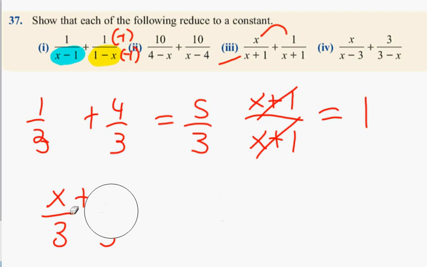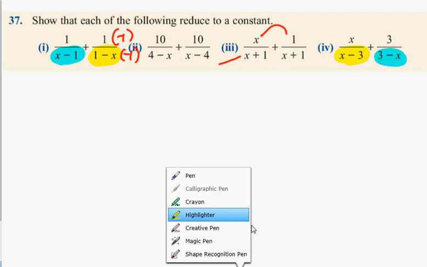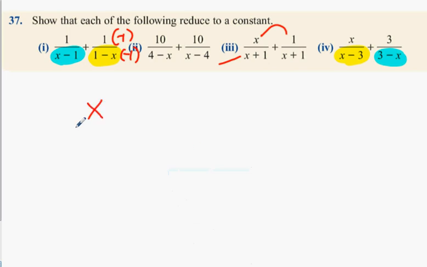Okay, Thomas, what do you think about the last question on 37? Thomas, you have to multiply by minus 1 again. Yeah, which one do you want to change, yellow or blue? Blue. Alright, he'll change blue. You can change yellow if you want, it's the same answer. Yes.